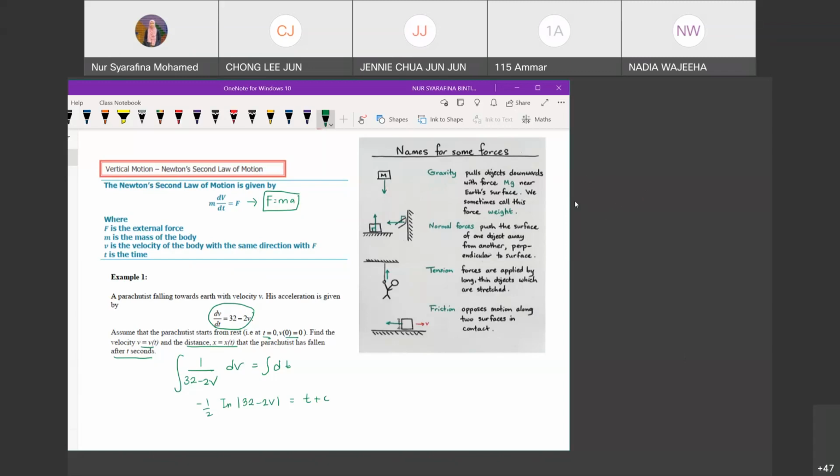And then solving this in order to get v, what is your v? First, this one should be 32 minus 2v equals exponent negative 2t minus 2c.